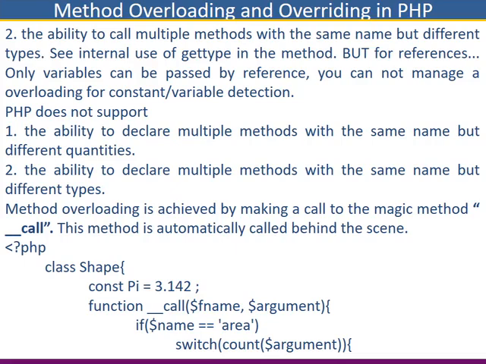We see the internal use of gettype in the method for references. Only a variable can be passed by reference. You cannot manage overloading for a constant or variable detection. So we have discussed what PHP supports in overloading.